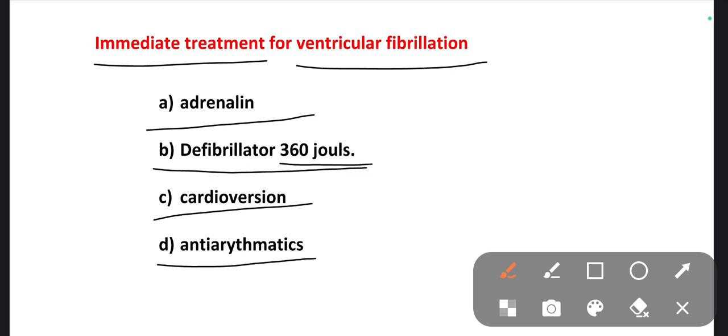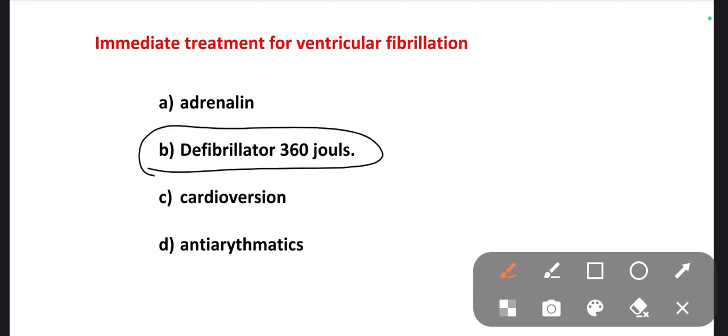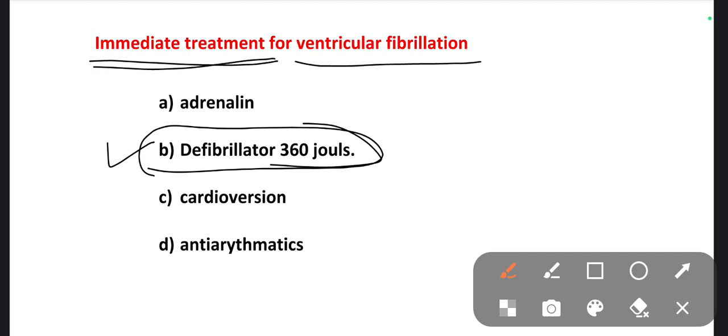So the right one is we go for the defibrillator. The defibrillator will give a shock for the patient in the condition of ventricular fibrillation, and that is immediate. Immediately we need to go for the defibrillator with 360 joules. 360 joules is nothing but the amount of shock we give for the patient.